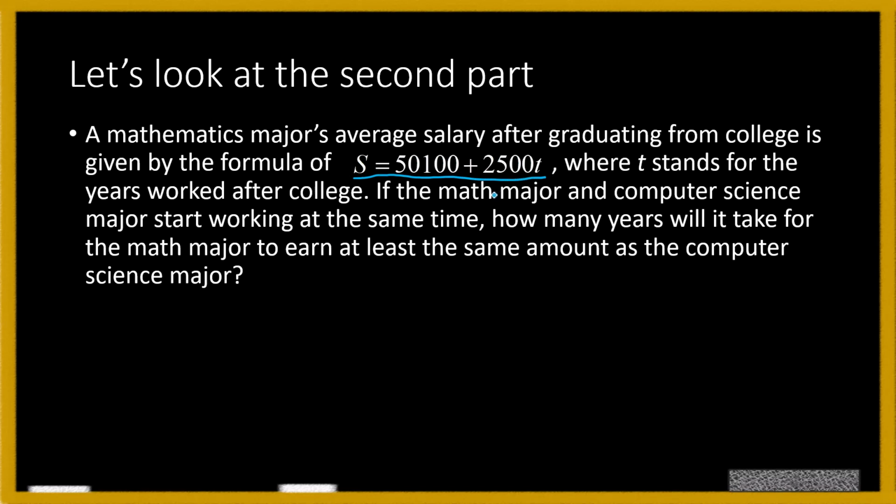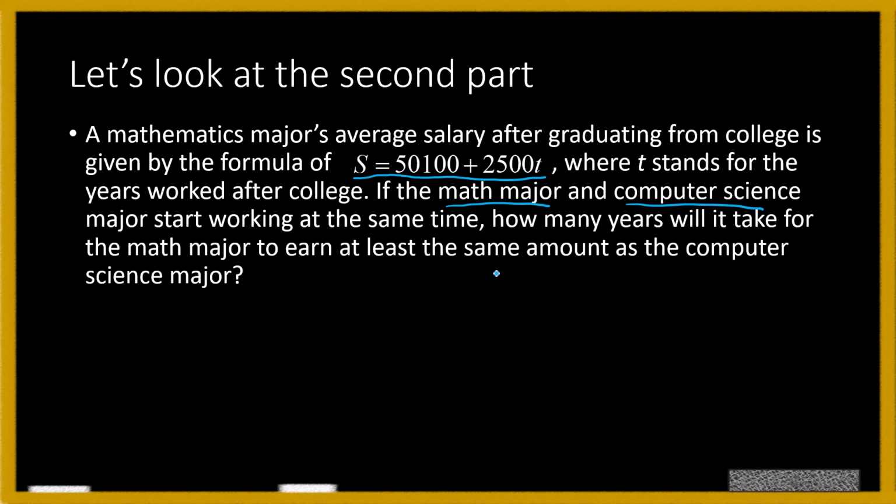We know the computer science salary from the other side, which told us it was 60,000 plus 2,000T. You'll notice here that they're asking us to compare the math major and the computer science major. We want to find out if they start working at the same time, how many years will it take for the math major to earn at least the same amount as the computer science major?